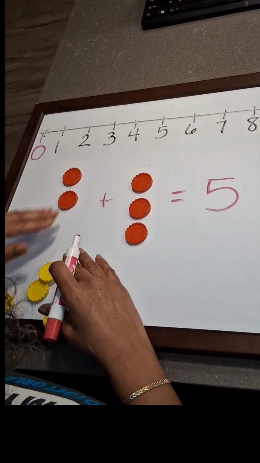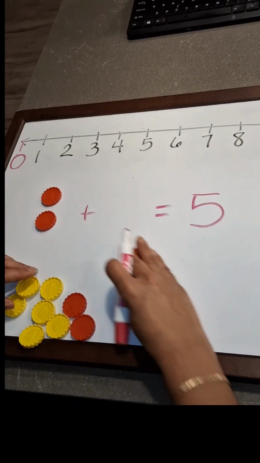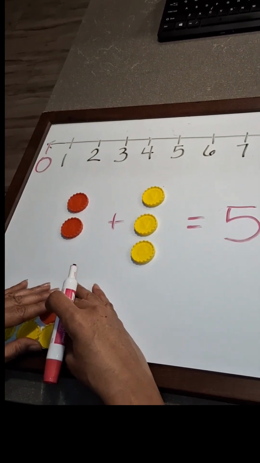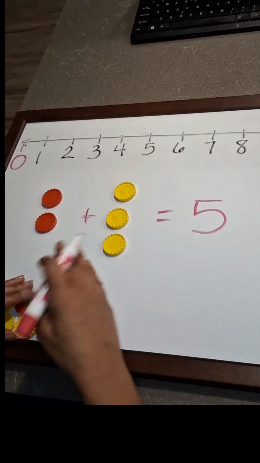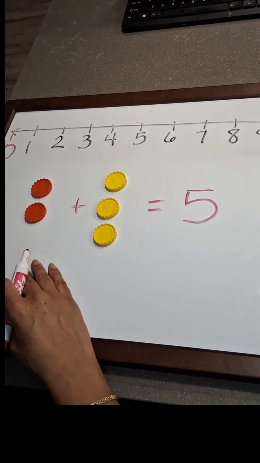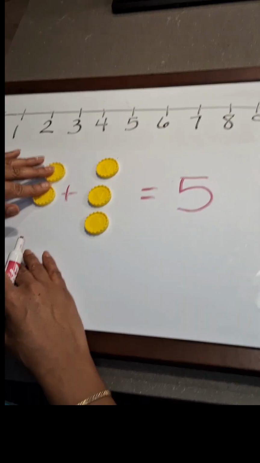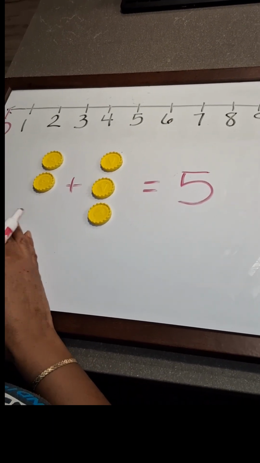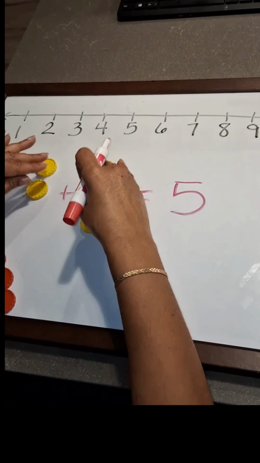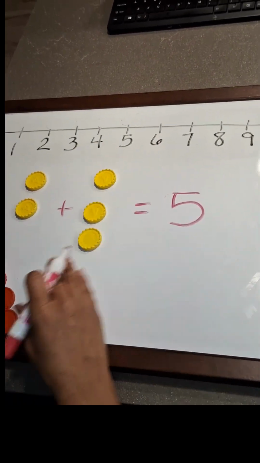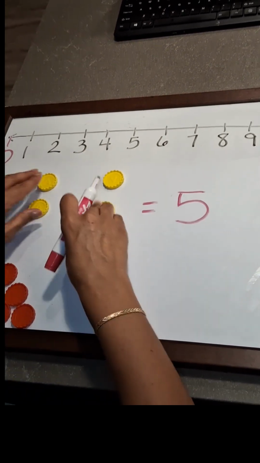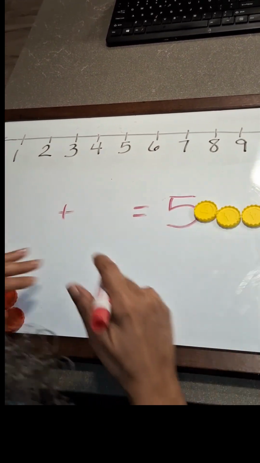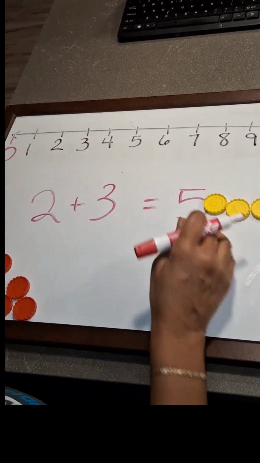Let's say 2 reds plus 3 yellow would be 5. I could change the color, but still 5. What about 2 and 3 there? 5. As long as that number is 2 and this is 3, it doesn't matter what they are. When I add them together, it's going to be 5. So 2 plus 3 is equal to 5.